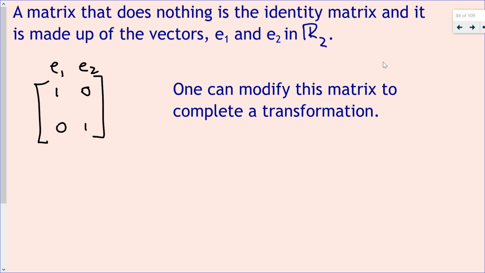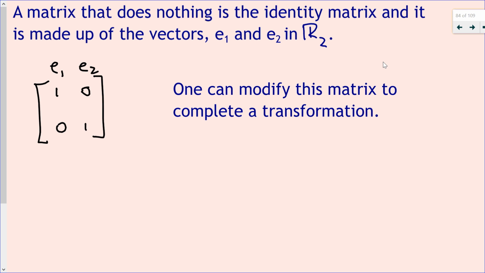And the way we do that is we pick apart the identity matrix. So when we first learn about vectors in Algebra 2, we learn about the identity matrix, which is 1, 0, 0, 1 if we're in R2. If we're in R3, it's 1, 0, 0, 0, 1, 0, 0, 0, 1. And it's made up of the vectors i and j, or in 3D, i, j, and k.